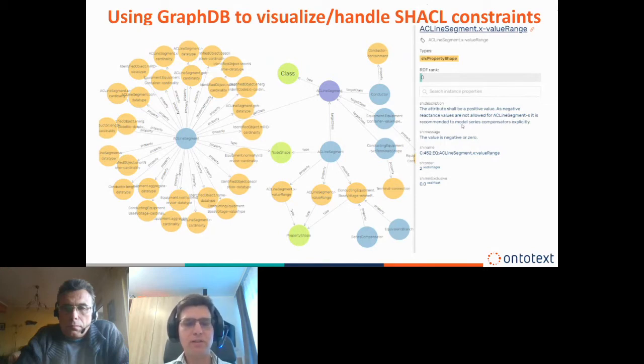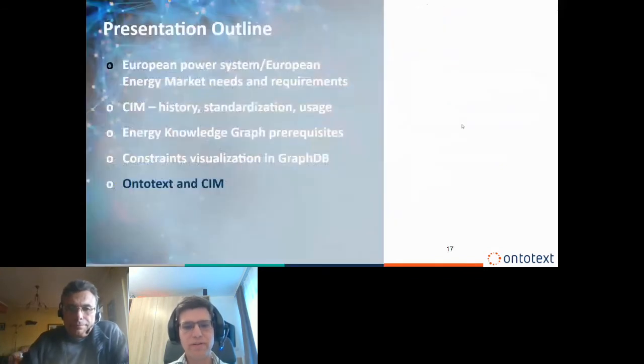And similar thing can be also done to be linked with actual grid model, so to see what constraints were related to that. So with this, I think we can move to you, Vladimir. And thank you.